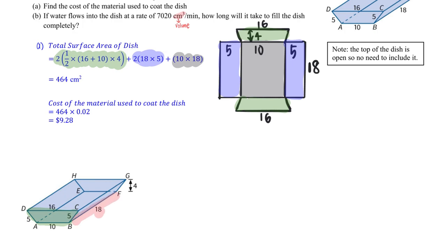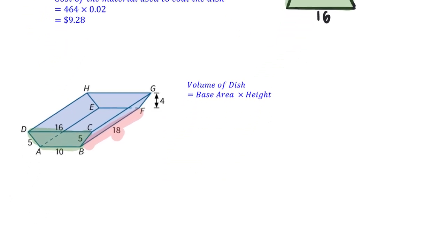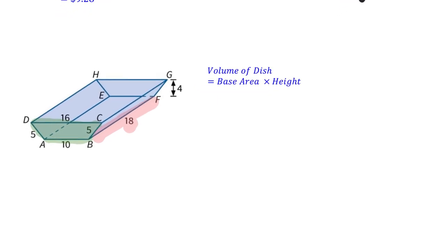Okay, so step 1 is for us to find the volume of this dish, and of course in this case we should be using another version, which is the cross section inner area multiplied by the length of this prism, and they are the same thing.